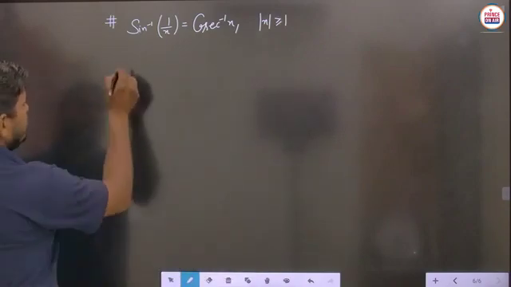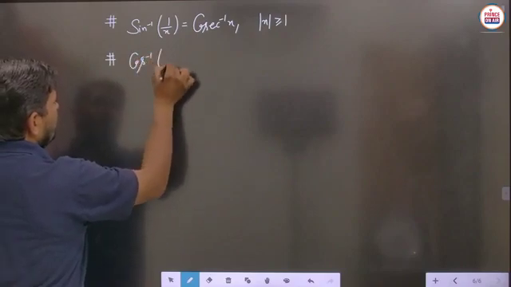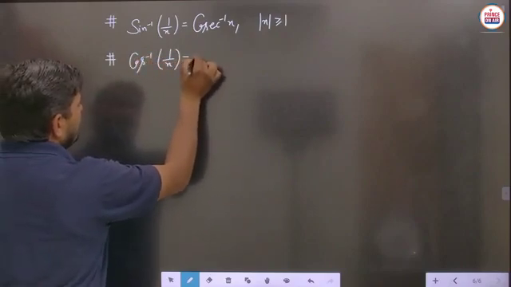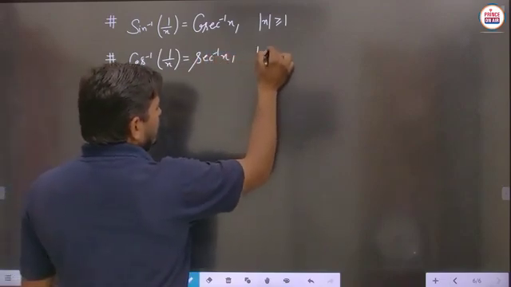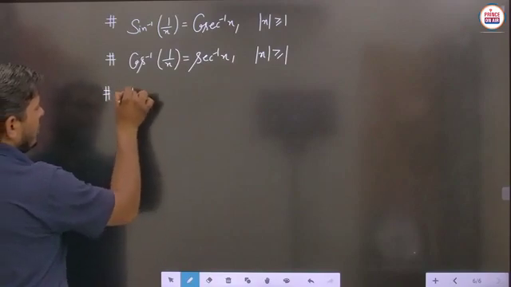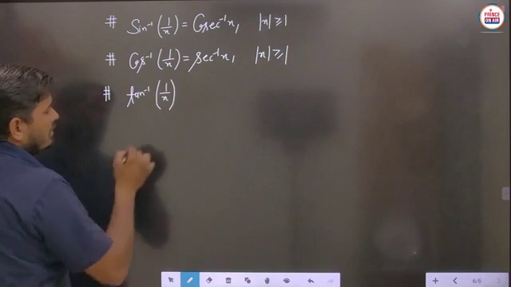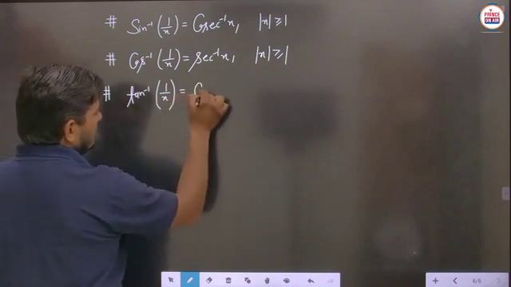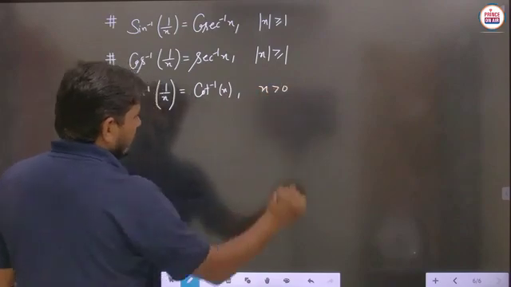Now the second part is written as cos inverse of 1 by x, which should be written as sec inverse of x, and again in this case modulus x should be greater than or equal to 1, and in the last part, tan inverse of 1 by x should be written as cot inverse of x. Here we have to write x greater than 0.